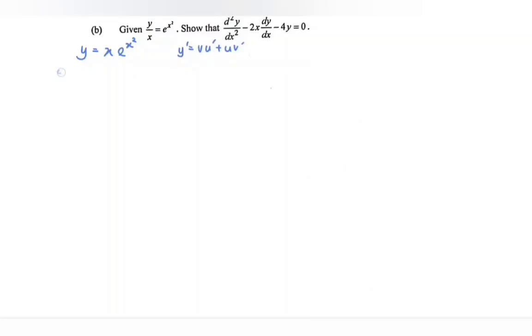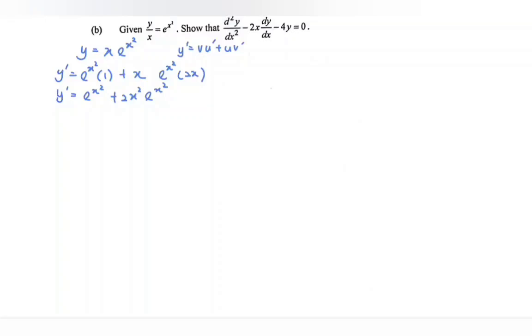So y prime equals e to the power x squared multiplied with 1, plus x times the differentiation of the exponent. Differentiate the power, then we will have 2x. So y prime equals e to the power x squared plus 2x squared multiplied with e to the power x squared. That is the first derivative.